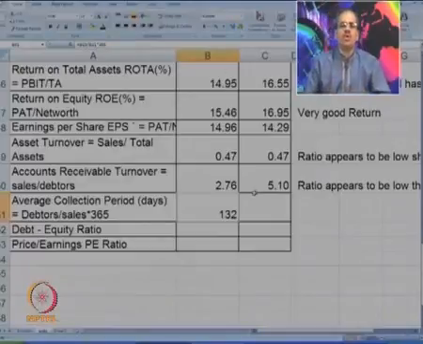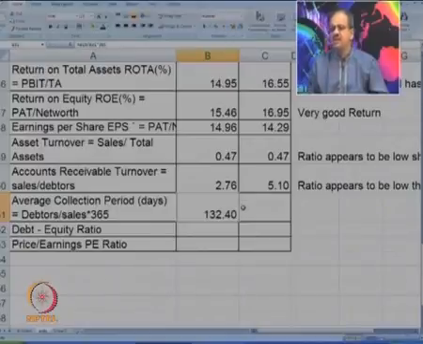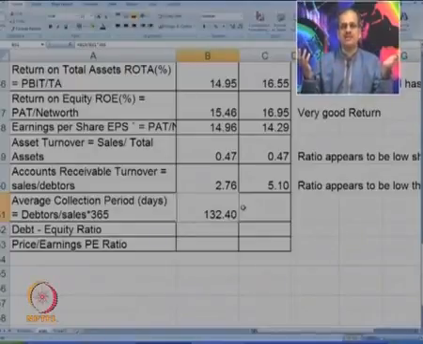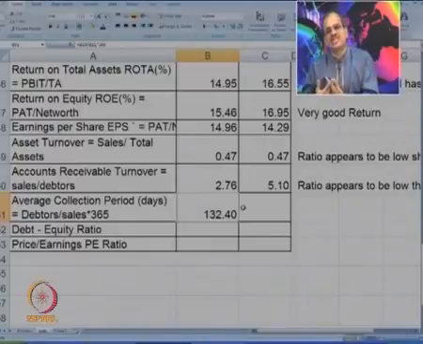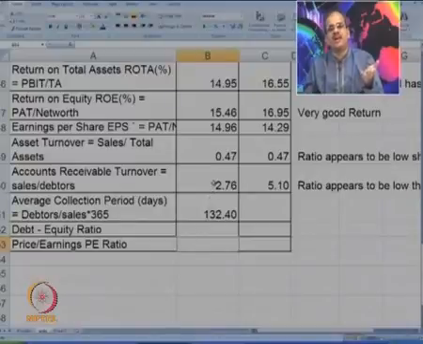So, what does it show? It shows that in terms of number of days, the company is giving a credit of 132 days, that is more than 4 months, or you can say it takes more than 4 months to collect its dues, which is not a very good sign. That is what was reflected in a low accounts receivable turnover.